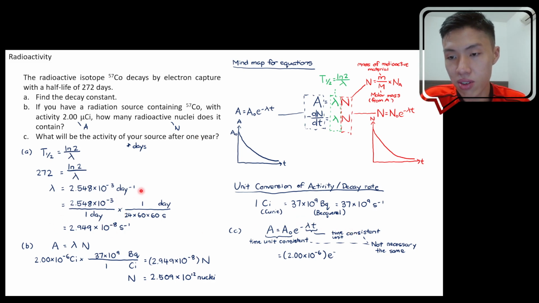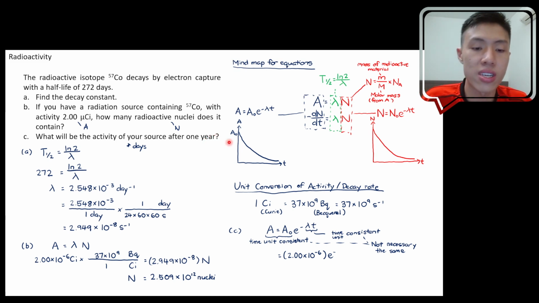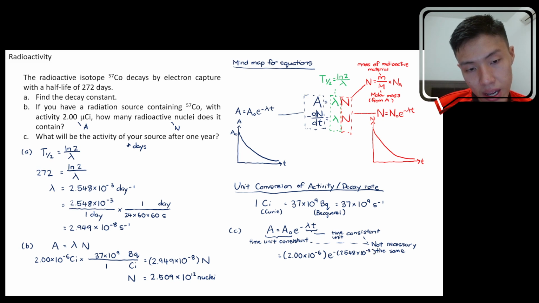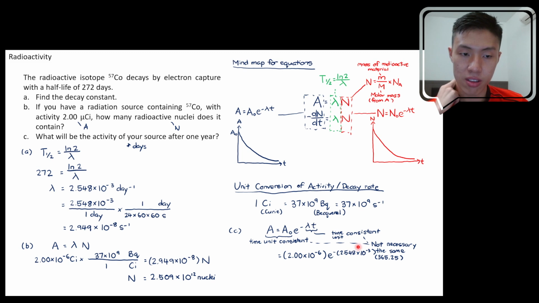But I think you can see that it is more convenient to use lambda in per day instead. If I use lambda in per day, my time is substituted in days, and 1 year is just 365.25 days. That is more convenient. So our lambda, I'll take 2.548 times 10 to the power of negative 3, in per day.